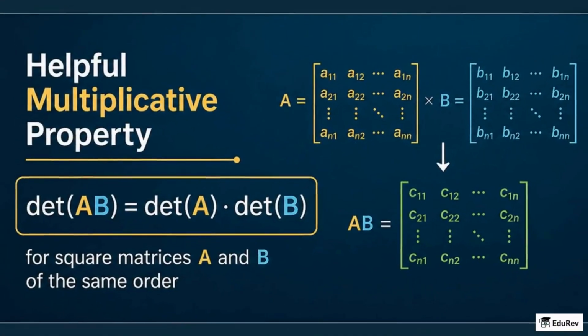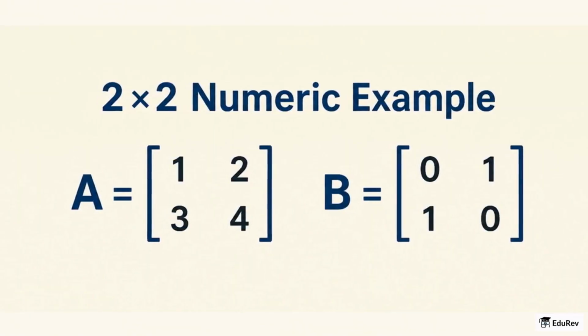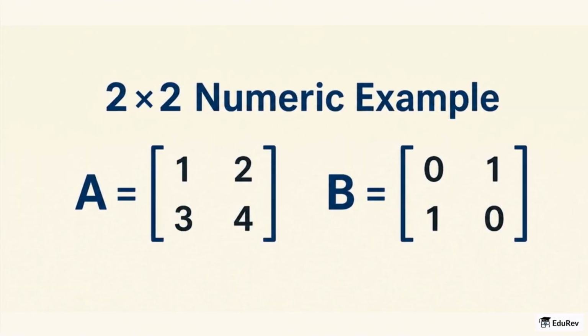Also, a helpful multiplicative property is determinant of AB equals determinant of A times determinant of B for square matrices of the same order. Let us check that with a 2 by 2 numeric example. Take A equals the matrix 1, 2, 3, 4 and B equals the matrix 0, 1, 1, 0.